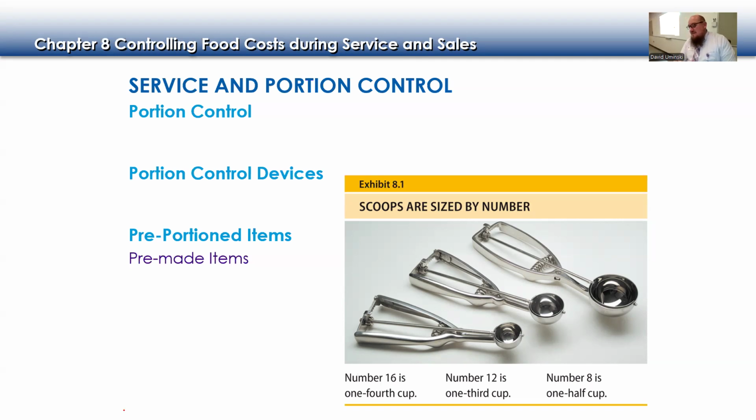Our factor is going to be the number 4. So when we are doing scoop sizes, if we want to go from volume of measurement to the number of scoop, we're going to use the number 4. I'm going to show you how to do that. Okay. So we want to determine what the scoop number is. We are going to multiply the denominator by 4. So for example, here on the screen, let's look at 1/4 cup.